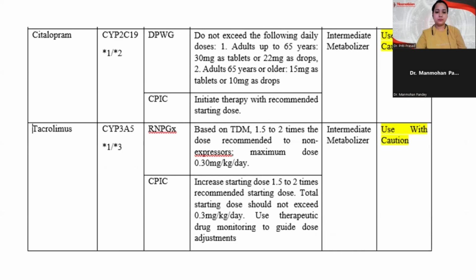For this, it should be used with caution, and the drug doses are defined. In the case of tacrolimus, it is recommended to increase the dose. All these things depend upon what type of variation we are getting, and what the guidelines for those variations are, and it is done on very well defined studies. Next, please.